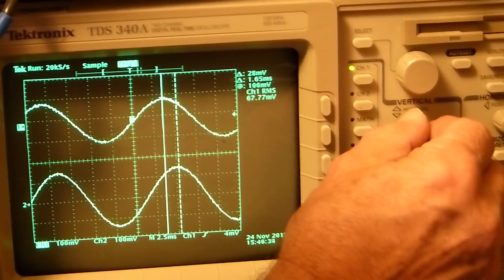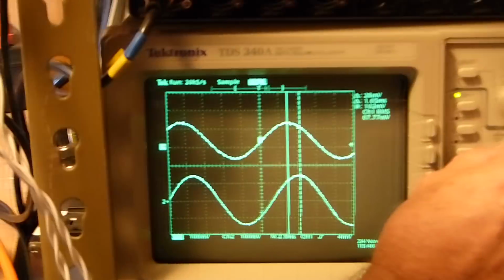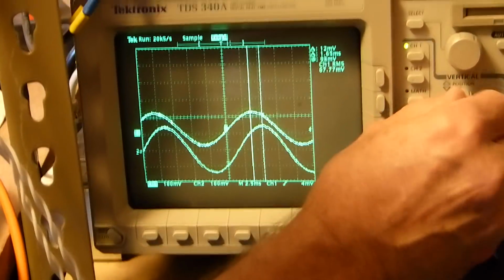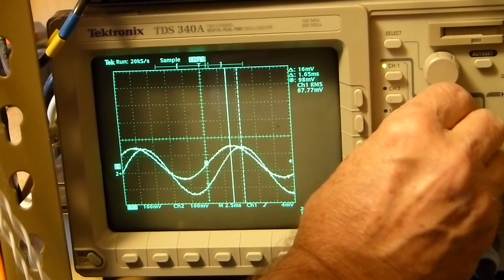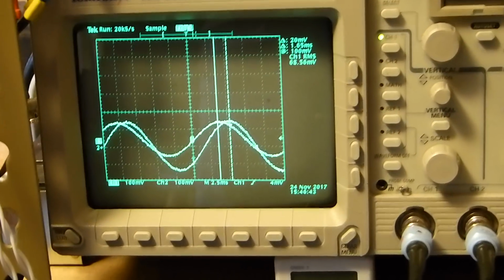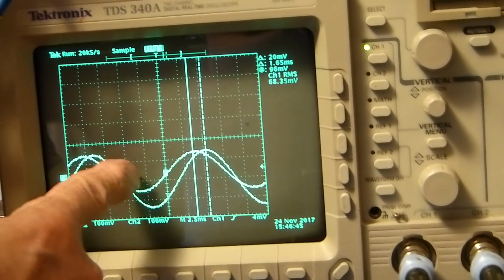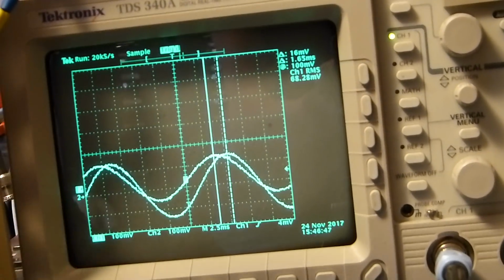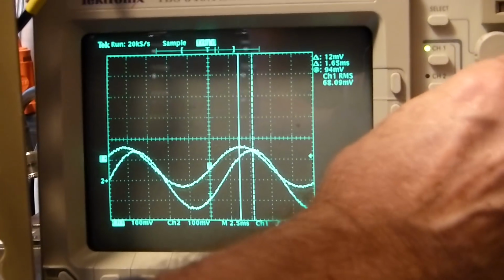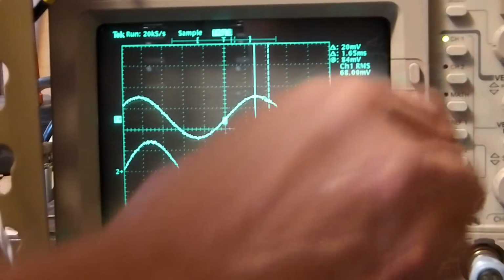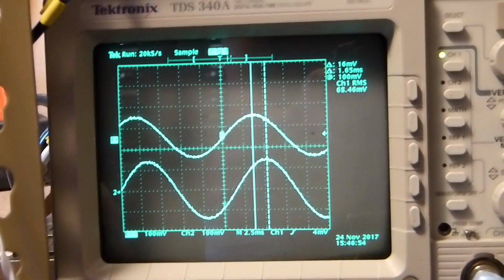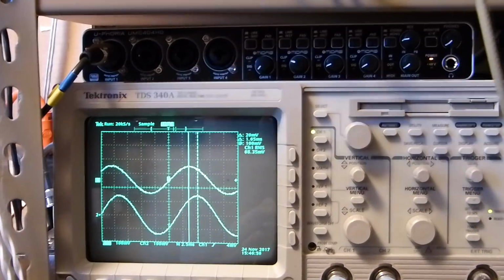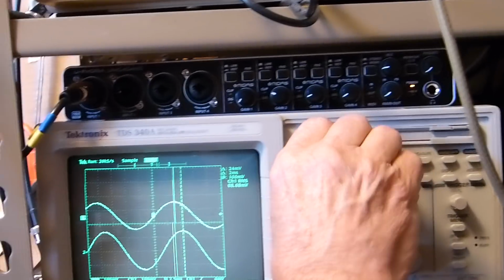Okay, if we move these traces together, you can see probably a little bit better how they are out of phase. Can you see that phase difference right there between the two? They don't have to be equal in amplitude. That really doesn't matter. But what we have to do is measure the phase difference. So what I'm doing is I'm moving my cursor right here. See how I can move this around?